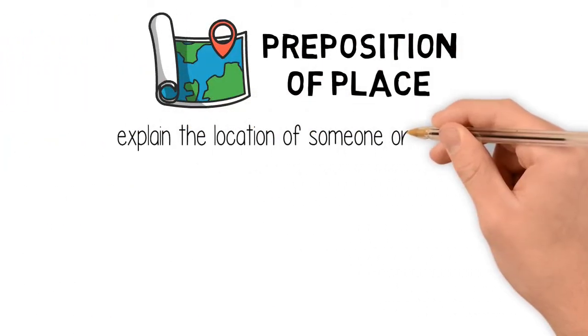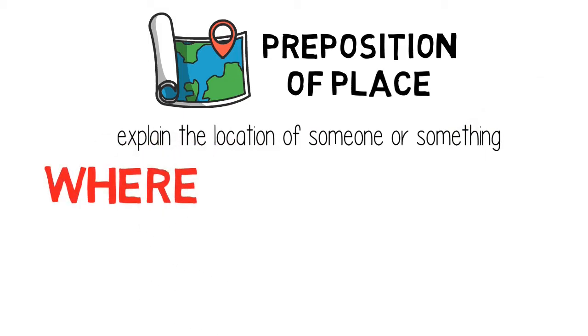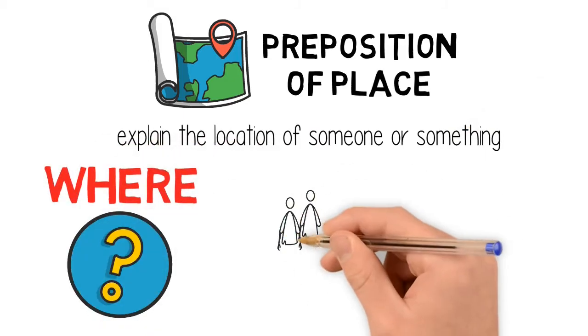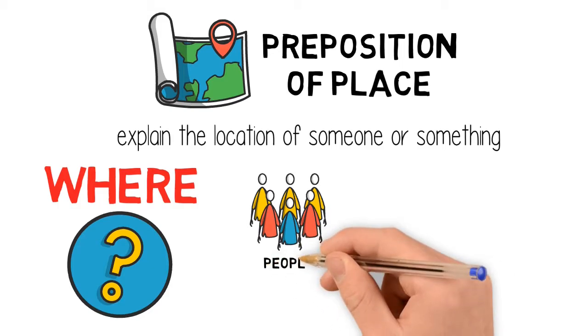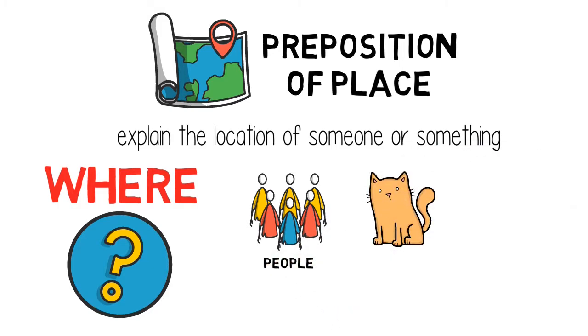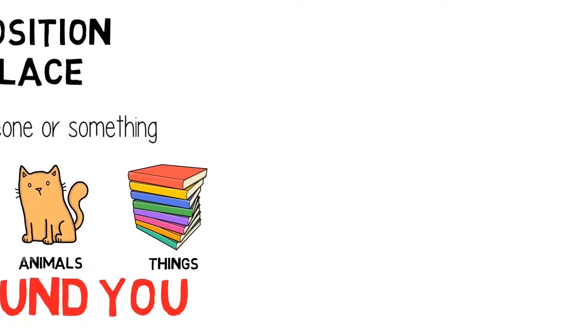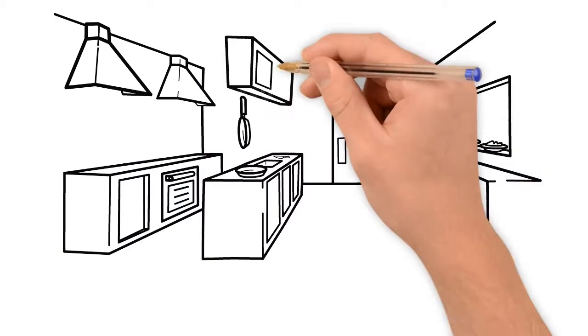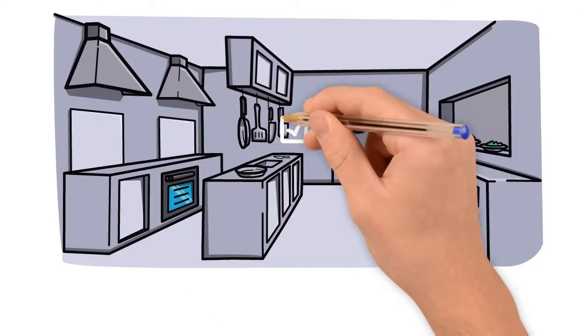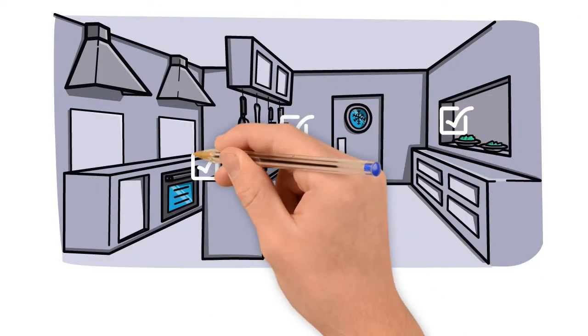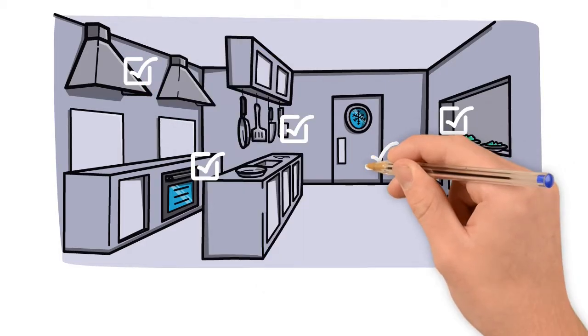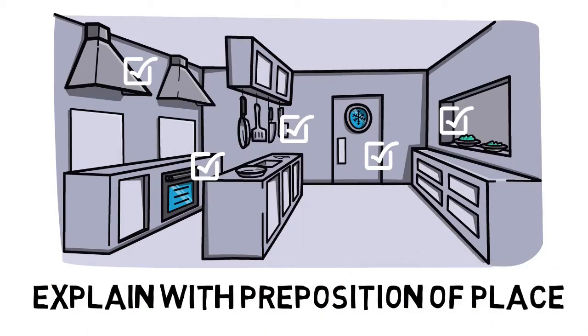Preposition of place is used to refer to a place where something or someone is located. In other words, prepositions of place help you to know the location of people, animals, or things around you. So, when you want to explain the location of something around you, don't forget to add a preposition of place in your sentence.